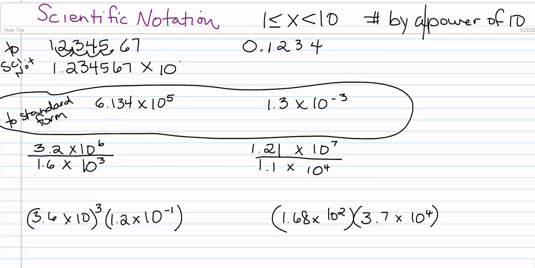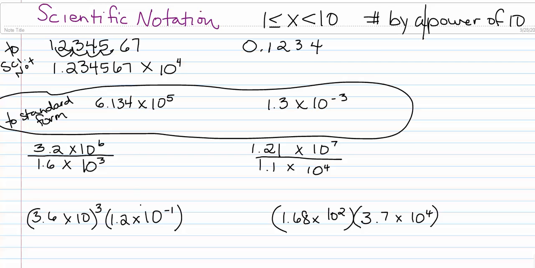So in order to go from 1.2345 and so on back to 12,345, my number needs to get bigger. That means I'm going to have to multiply it by a very big power of 10. The higher the power on 10, the higher the value. And because I moved it 4 places to the left, that means my power has to be a 4.